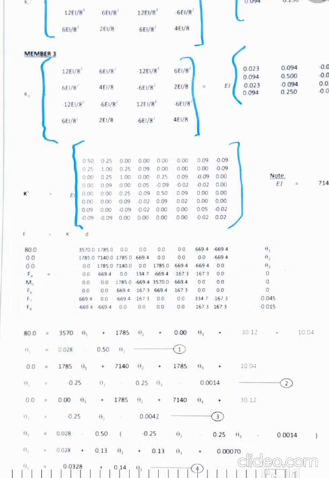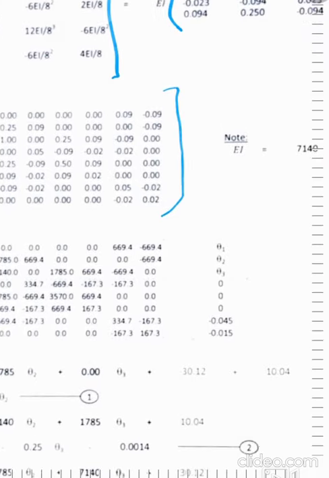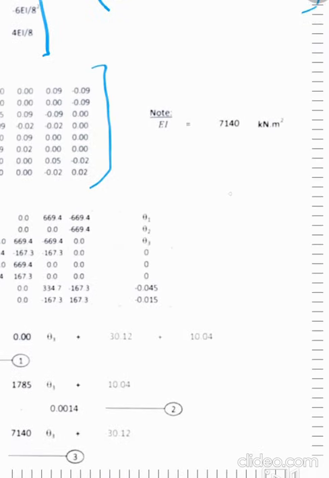Okay, and then find the unknown displacement. Actually this is our beam.